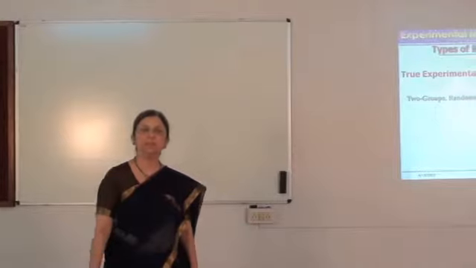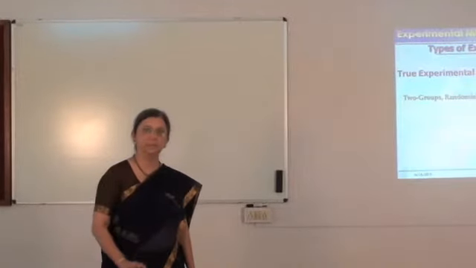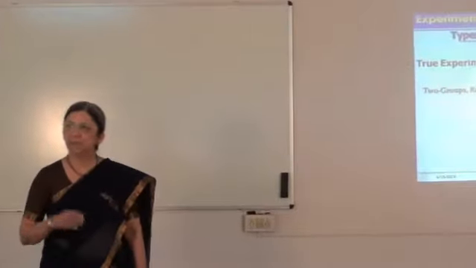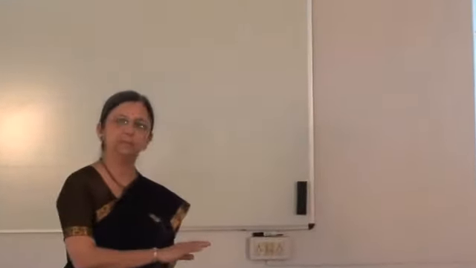You are putting students into experimental and control group randomly. Random selection. Anybody can be in the experimental group, anybody can be in the control. And that's why you have every control over the subject. But it is only post-test.